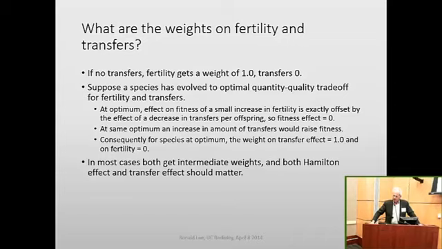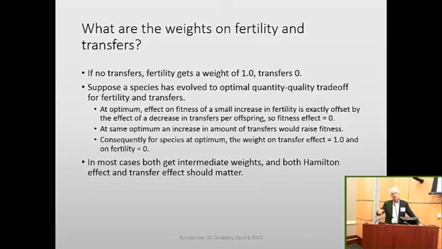For a species that has evolved an optimal trade-off between quantity and quality of offspring, that is to say, it has chosen investment in transfers to offspring and numbers of offspring such that they've maximized their fitness, a slight variation in fertility, say a slight increase in fertility, is completely offset in its effect on fitness by the reduction in transfers per offspring, just as we find from those experiments on clutch size, on the number of surviving chicks in the next generation and so on.